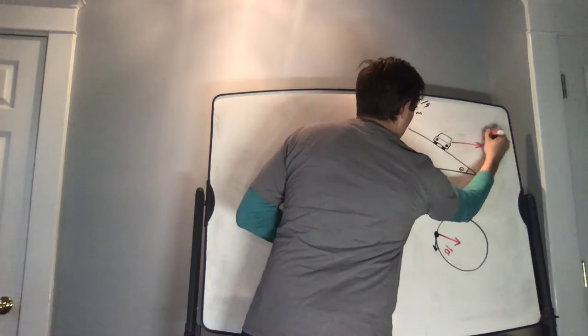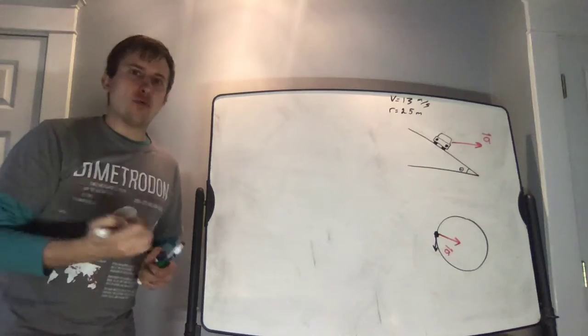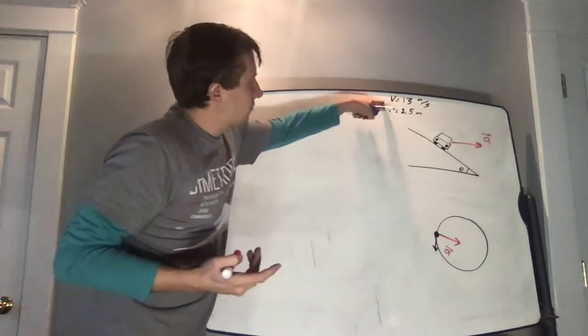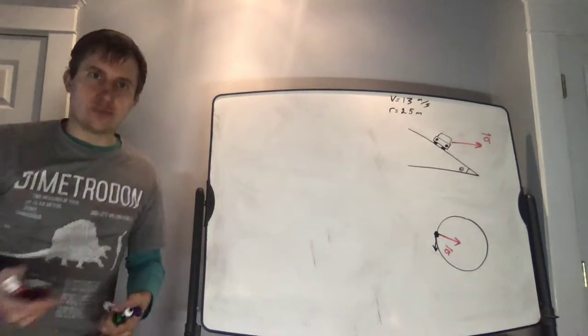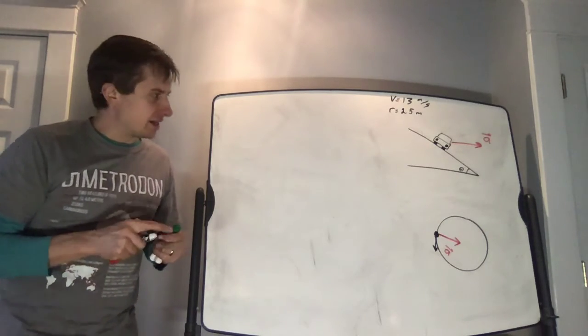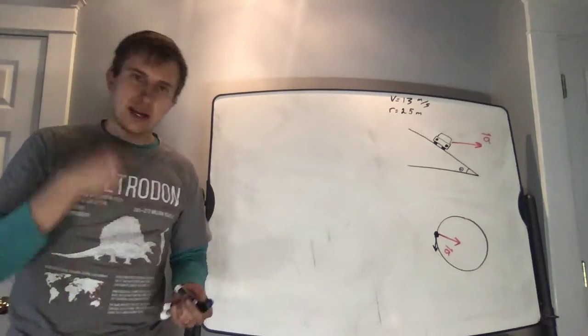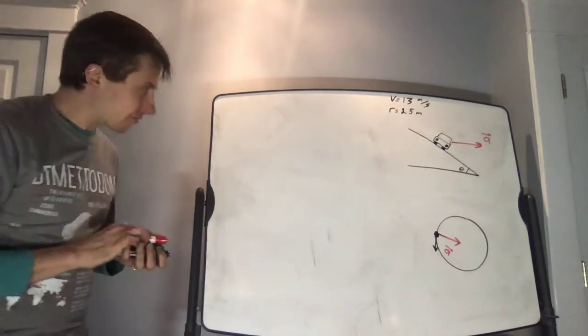So the car's acceleration is going to look something like this. If I wanted to, I have the speed of the car, the radius of the loop about which the car is driving. I could calculate the magnitude of this acceleration vector and get a number, but I'm going to put that off for the moment.